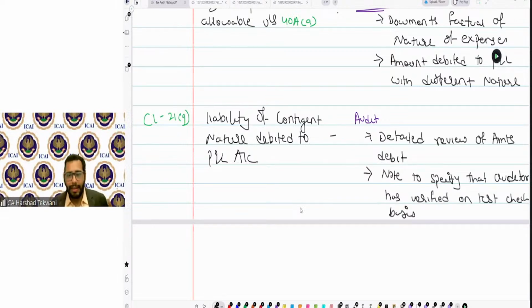For true and fair, sample testing is fine, but for true and correct, we need to verify everything. But when we are not able to verify everything because of limitations, because of the number of transactions or evidence not being available, at that point in time, we need to specify in the notes that this is the scenario, and because of this reason, we are not able to verify everything.